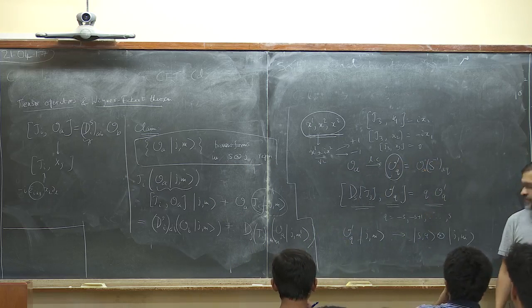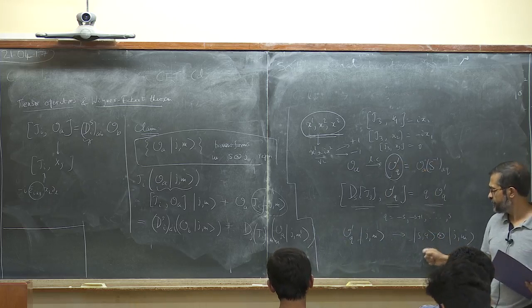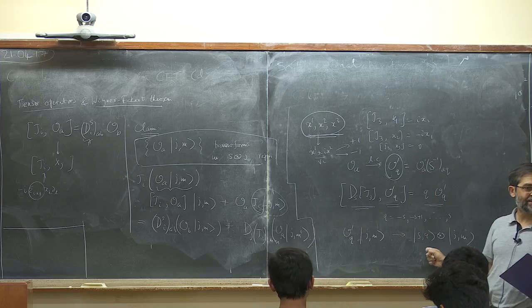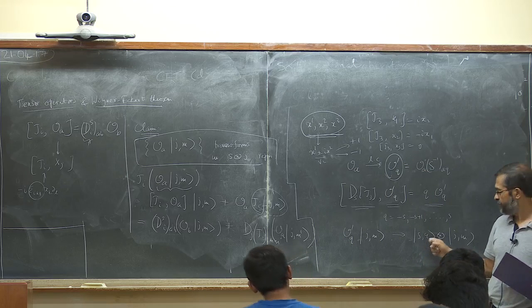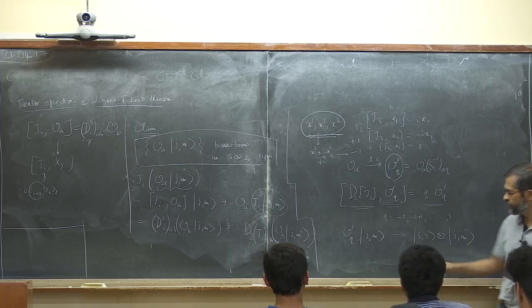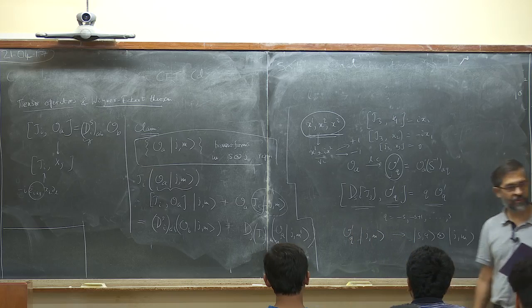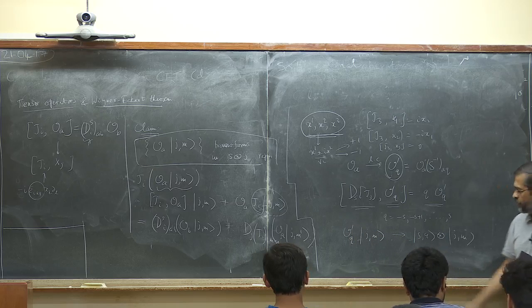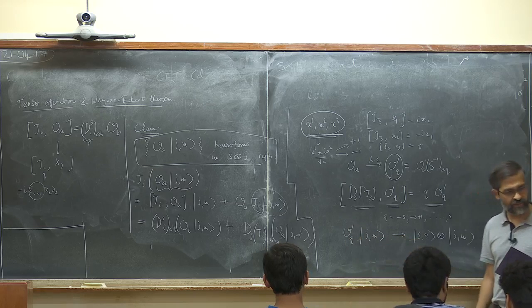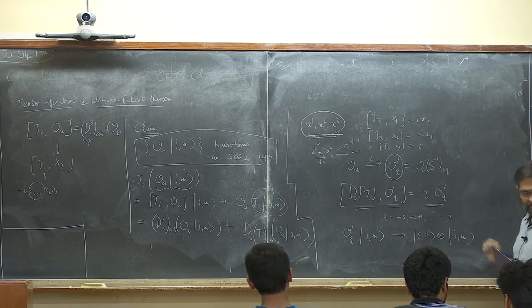As if I am taking a tensor product of a state of J3 equal to Q with the existing state. So I am applying this operator O prime Q, which is a J3 eigenoperator of weight Q. But representation theory wise it's the same as this.